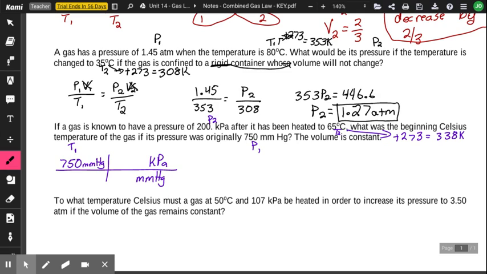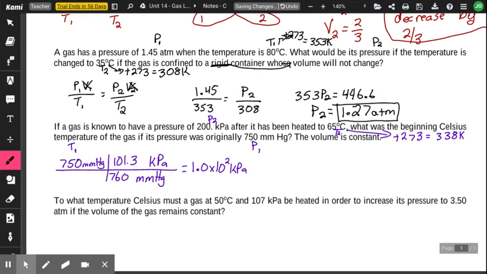Our conversion is for every 101.3 kPa, we have 760 mmHg. I typed that into my calculator, and I'm going to end up with like 99.96 something. Well, I need 2 sig figs, so that rounds up to 100. But with 2 sig figs for 100, it's 1.0 times 10 to the second kPa.